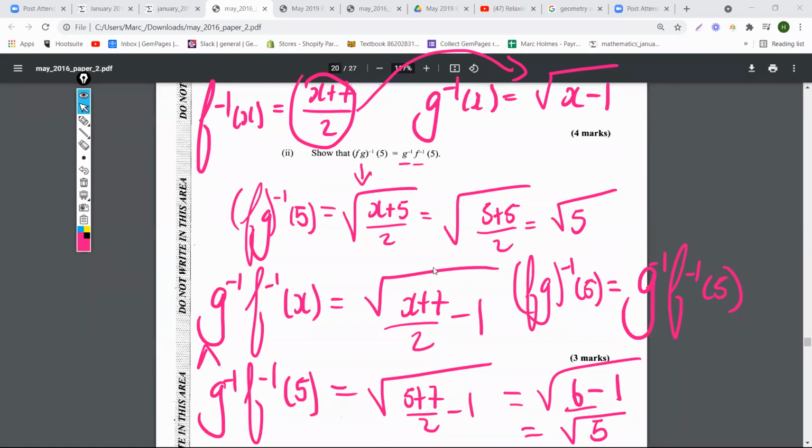One for the inverse and one for the composite function. So I just sent them into the group, guys.